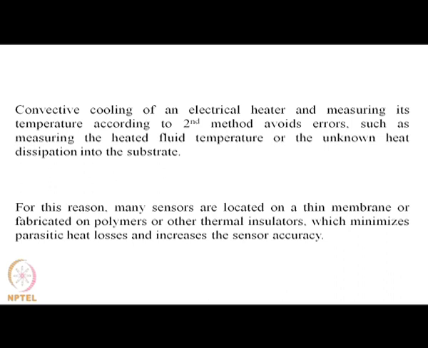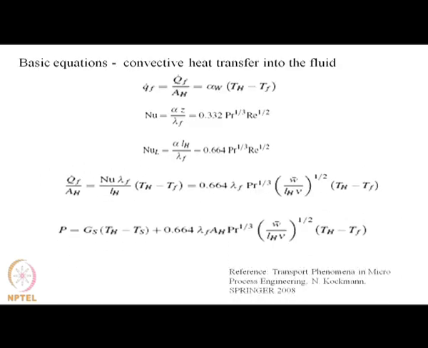As a result, most of the sensors that we see are located on a membrane, and this minimizes the parasitic heat losses and increases the sensor accuracy. So, these are some of the basic equations which are given in any textbook, and here I am referring to the textbook by Kaufman, Transport Phenomena in Microprocess Engineering.